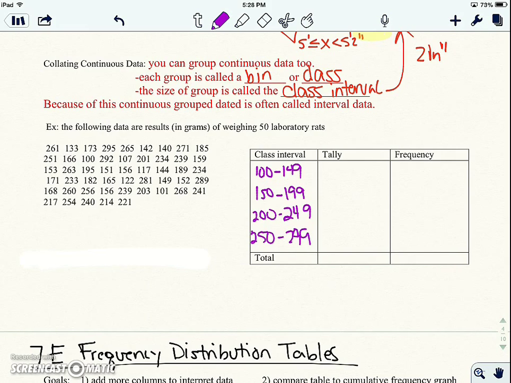That makes a lot of sense because they rounded the rat's weight to the nearest gram. But there really could be one of these, like this little dude, that could weigh 241.67 grams. And so it's continuous.